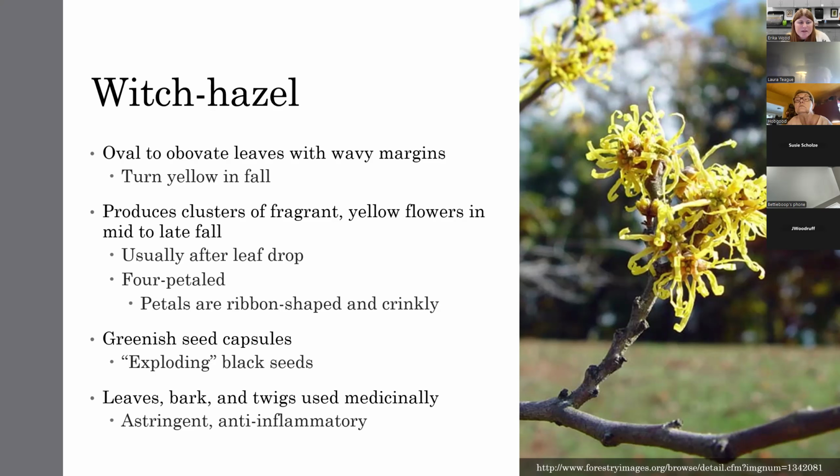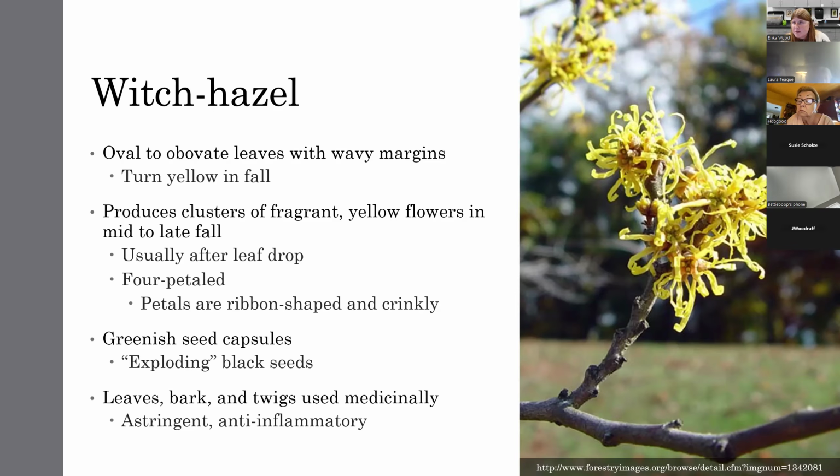Eventually, these flowers are going to give way to the fruit. So there's these little greenish seed capsules. Once they're mature, they are going to quite literally explode and disperse the black seeds. So that's how it is able to disperse across different areas.